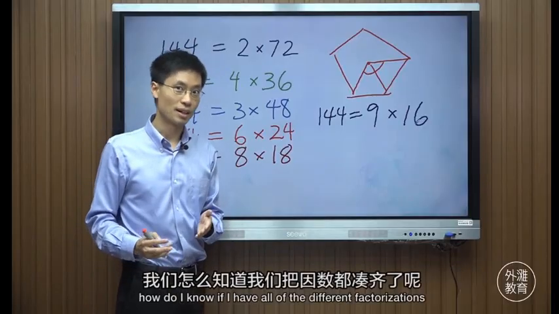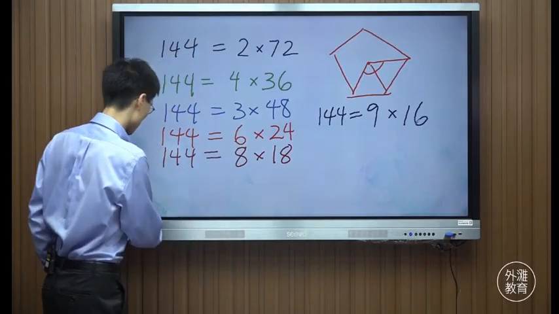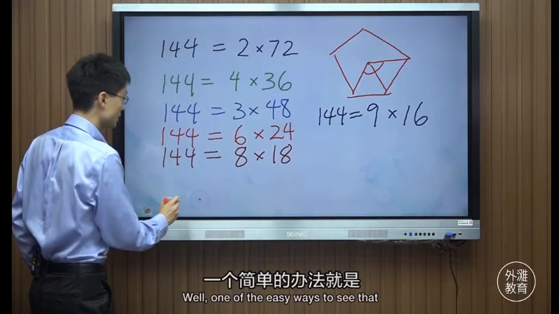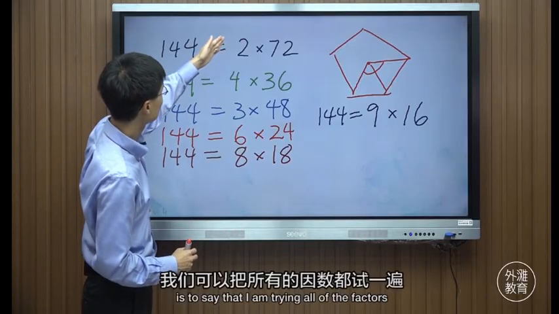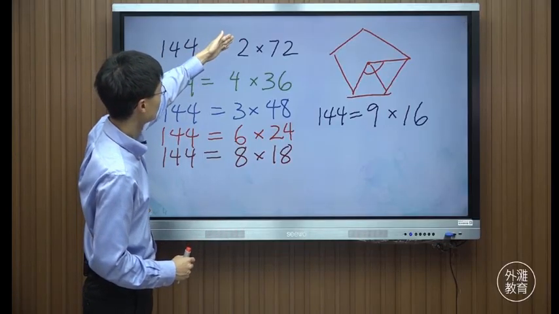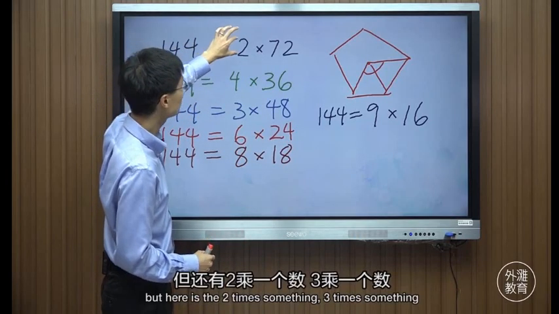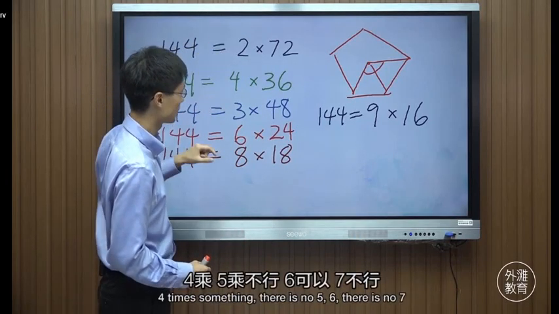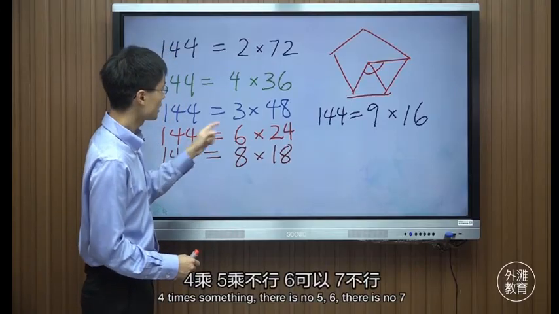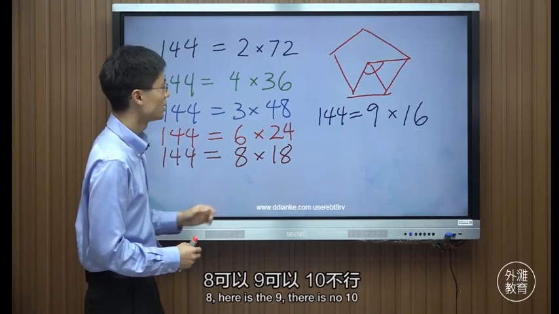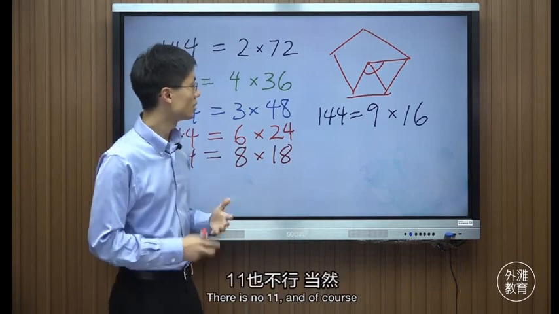How do I know if I have all of the different factorizations? Well, one of the easy ways to see that is to say that I'm trying all of the factors. I'm not writing the 1 times 144. That's too easy. But here's the 2 times something, 3 times something, 4 times something. There's no 5. 6. There's no 7, 8. Here's the 9. There's no 10. There's no 11.